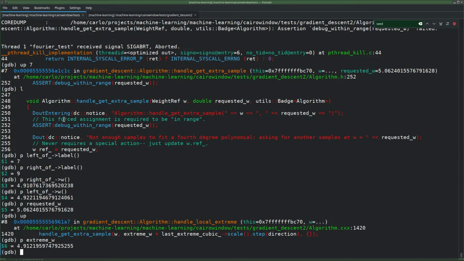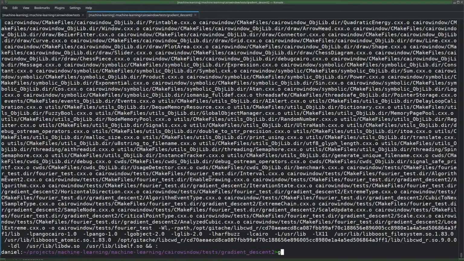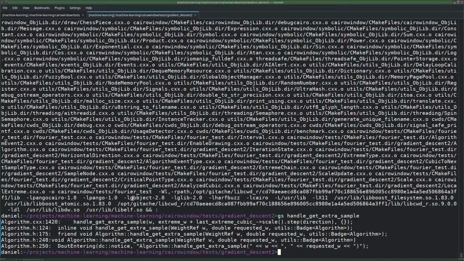Let's see, this was something quite big in range. Just not true. It's being called from here. It's the only place where we call it.